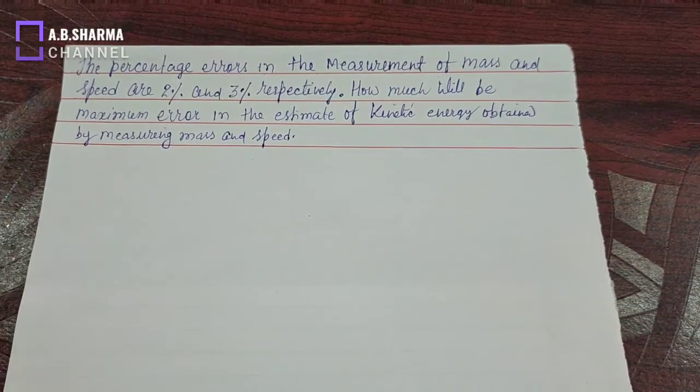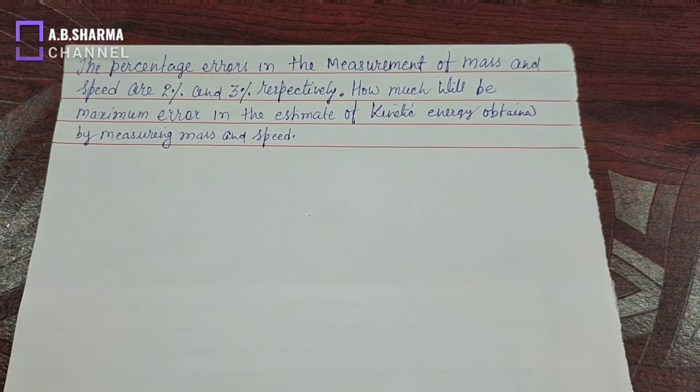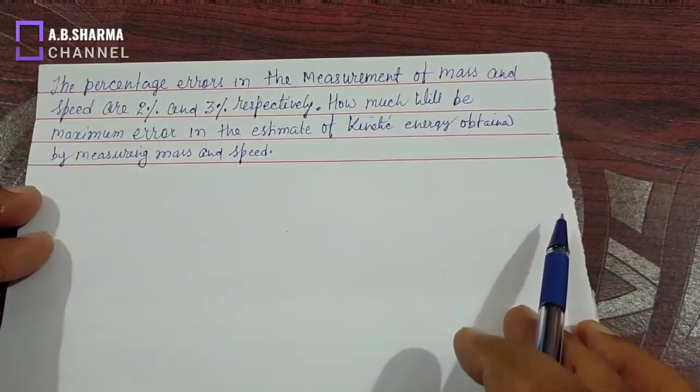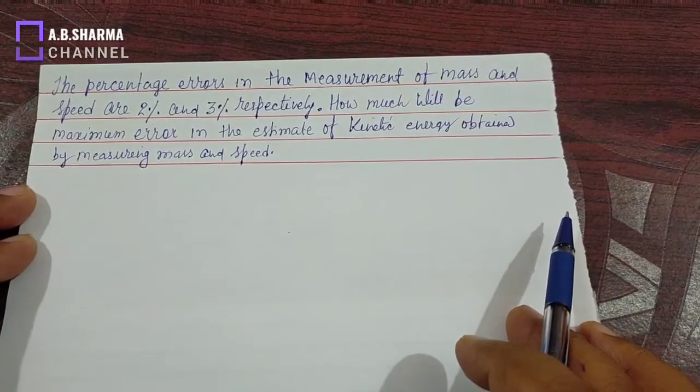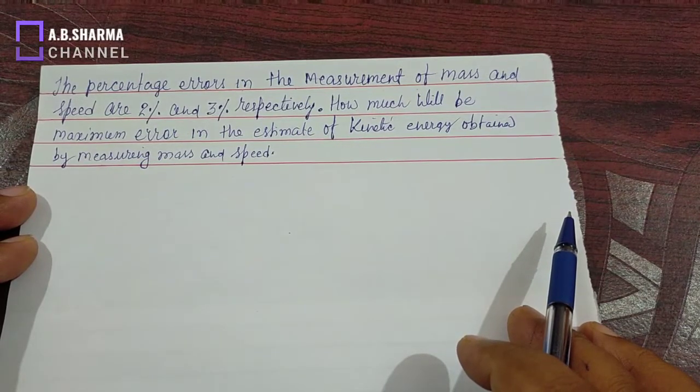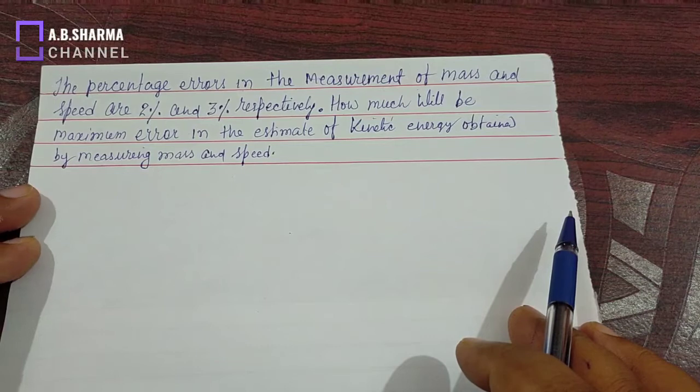The percentage errors in the measurement of mass and speed are 2% and 3% respectively. How much will be the maximum error in the estimate of kinetic energy obtained by measuring mass and speed?